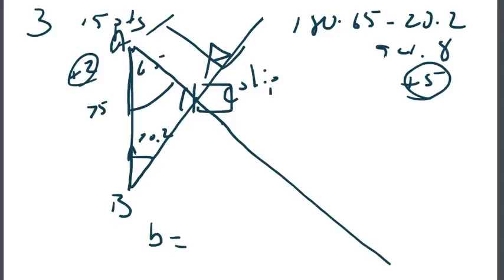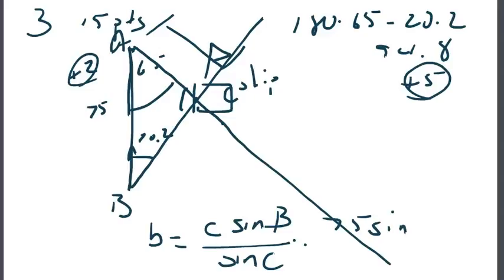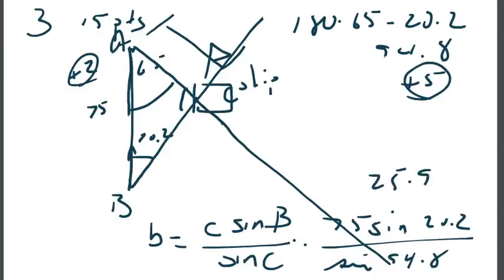So small b will be side c times sine of B over sine of C, which is equal to 75 sine of 20.2 over sine 94.8, and that works out to 25.99 or 26 miles, and that's the final 8 points for this problem.